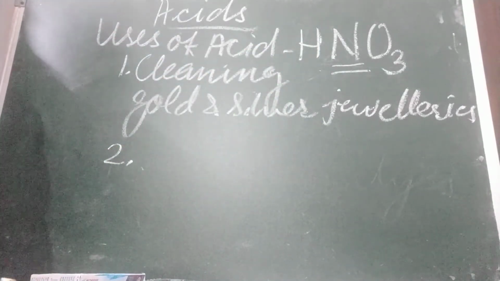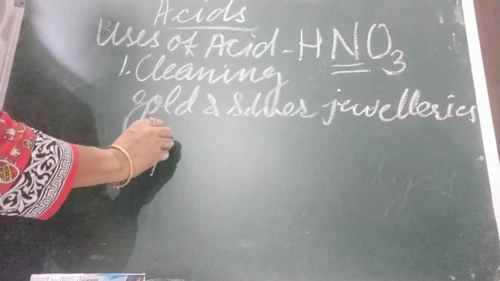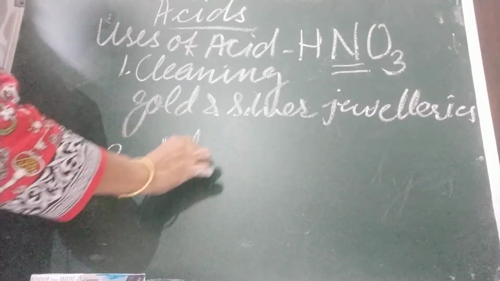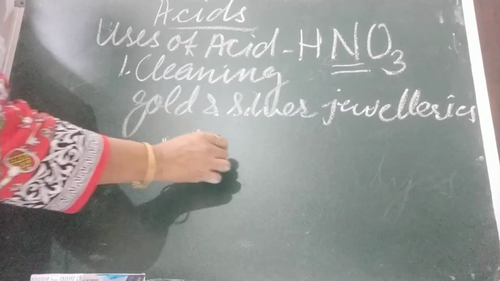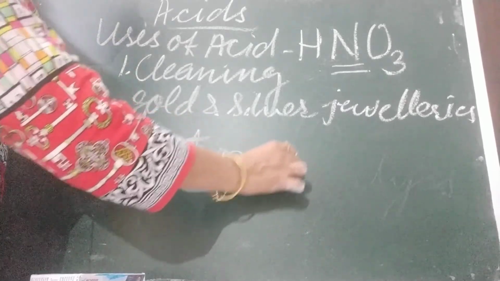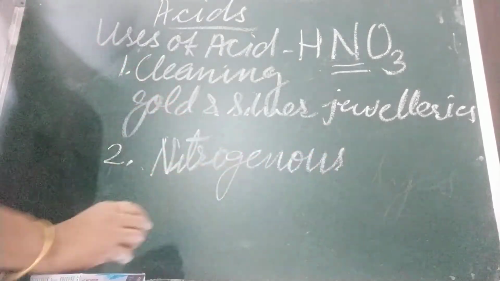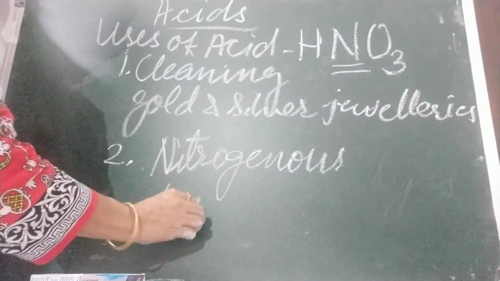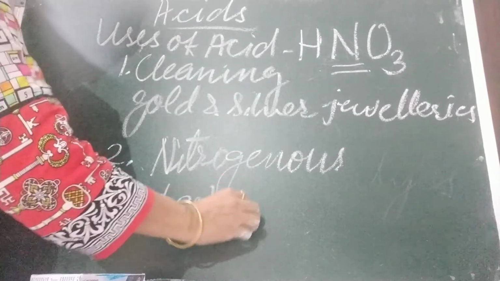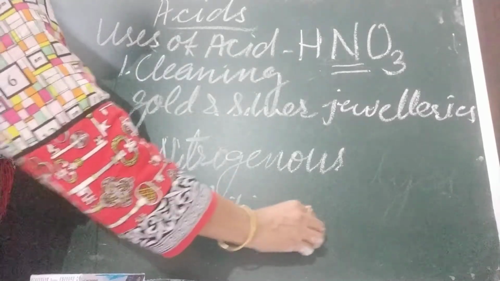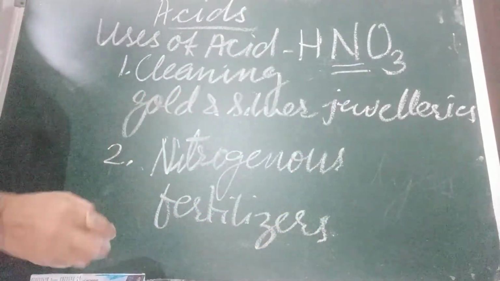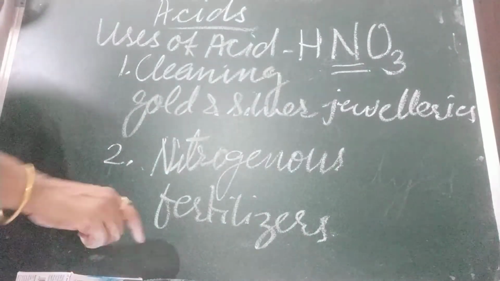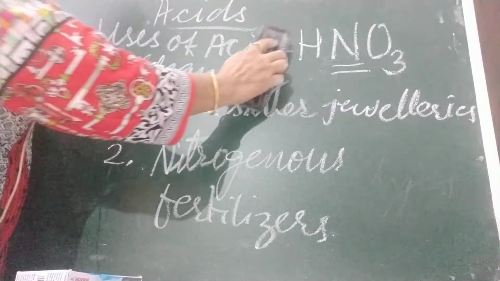So, we produce nitrogenous fertilizers from nitric acid. Which nitrogenous fertilizer? Ammonium nitrate.